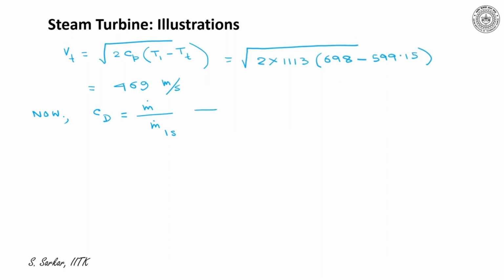So from here, I can evaluate m dot is as m dot divided by CD. M dot is given by 18, CD is 0.99. So if you calculate, you will get 18.18 kg per second.